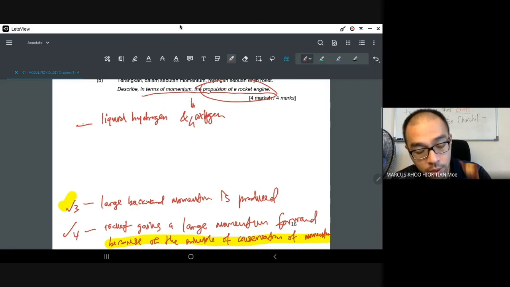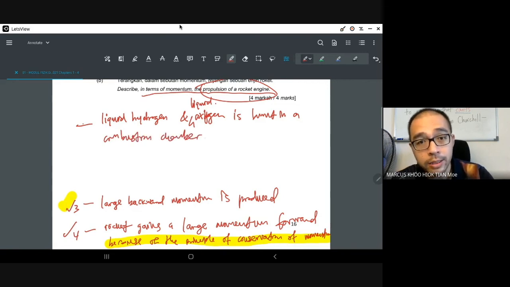Both hydrogen and oxygen in liquid form are burnt in a combustion chamber. In Malay, it is ruang pembakaran.